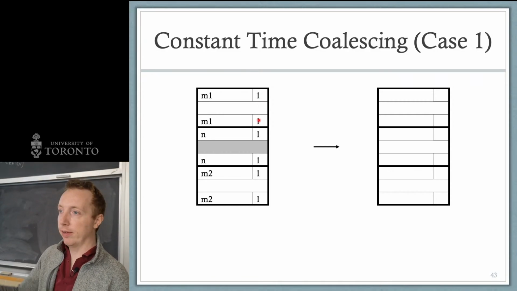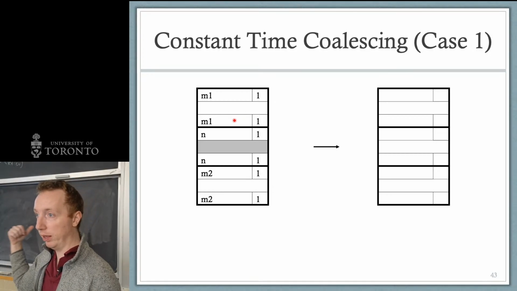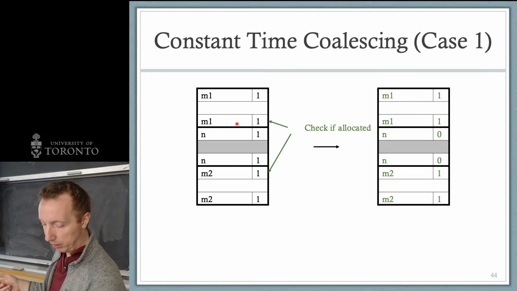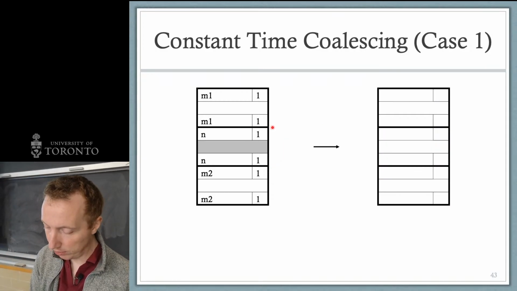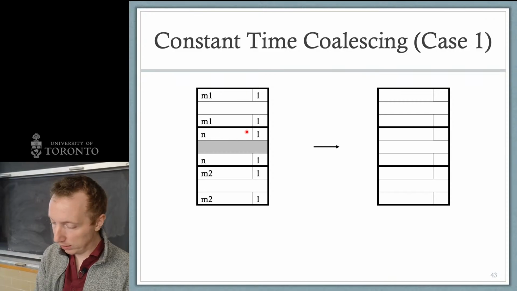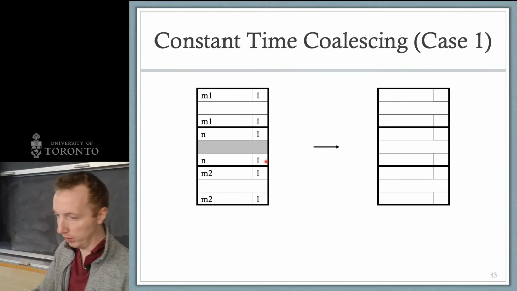And since it's the bidirectional one, it has a header and also a footer. So that's replicated: the size is M1 and it's allocated. Then this middle allocation is what we're assuming we're freeing. We have an n size allocation here. It's allocated. Since we're freeing it, we need to flip those bits from a 1 to a 0.